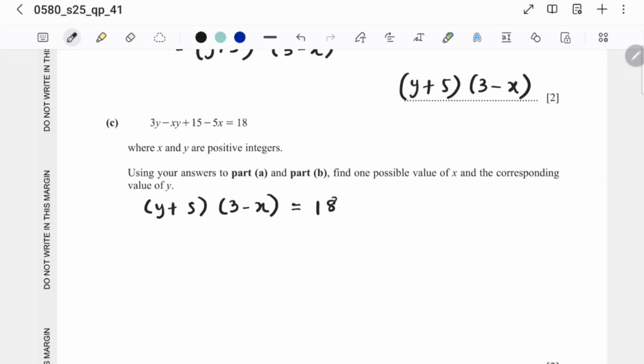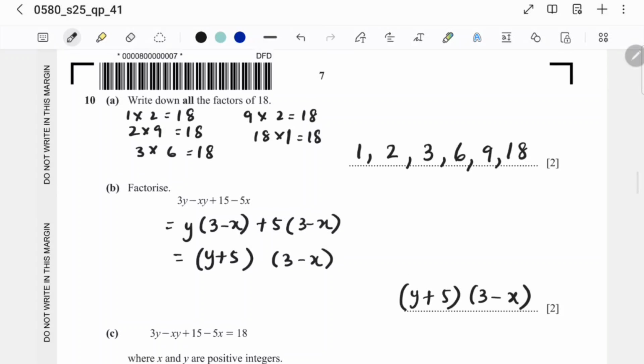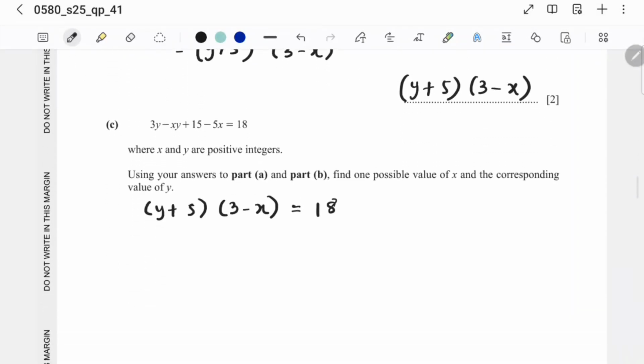Alright, so now what are we going to do? If it is y plus 5 and 3 minus x, and if I take 1 times 18 is 18. Sorry, here I just wrote it wrong. Sorry for that. 1 times 18 is 18.